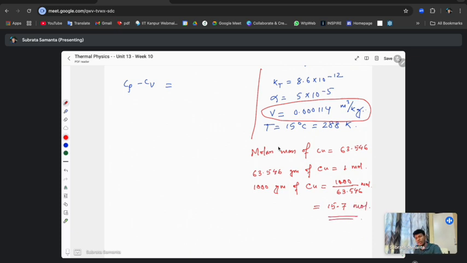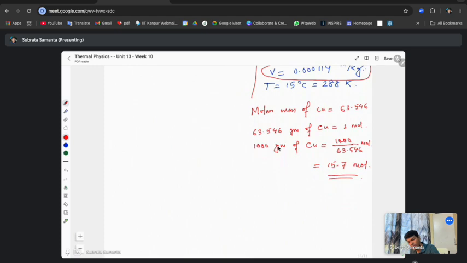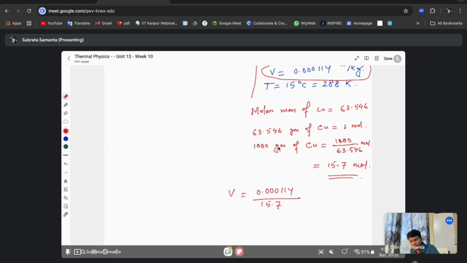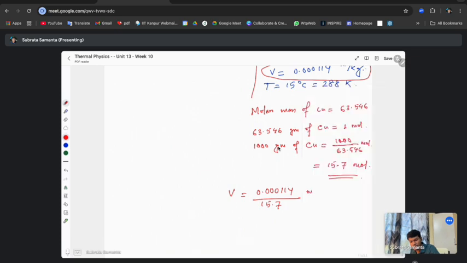So therefore the volume V equals 0.000114 divided by 15.7 meter cube per mole, right?